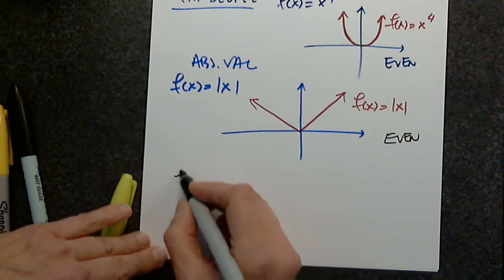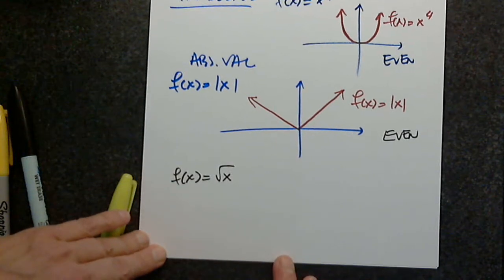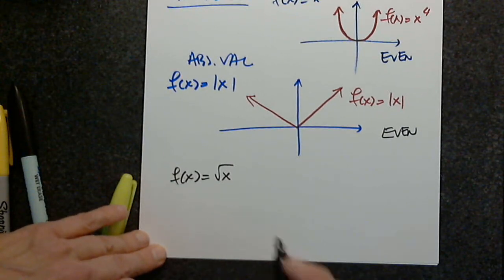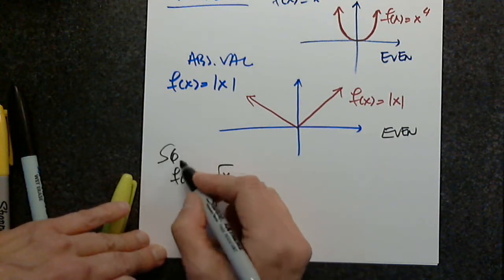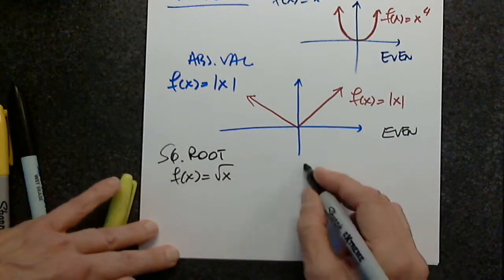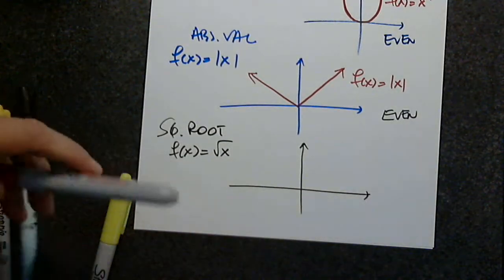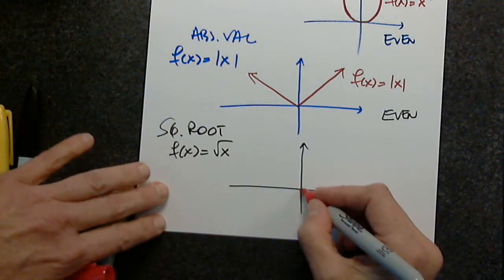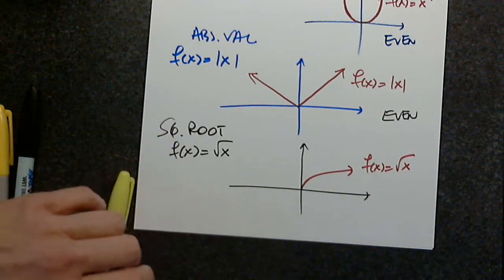Okay, next one. I'm going to write f of x equals the square root of x, and you'll tell me. Sorry, I read it for you. So what is it? Square root. Okay, here's the graph. And then we can talk about transformations. So this is f of x, the square root of x.